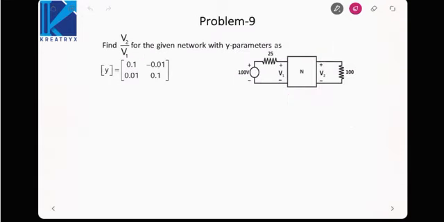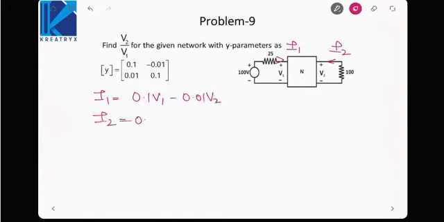In the next problem, it is asking us to find the ratio V2 by V1 for the given network with the Y parameters. Okay. Now, since we are given the Y parameters of the network, here I will assume current as I1, here I will assume as I2. So, I1 is equal to 0.1 V1 plus 0.01 V2.